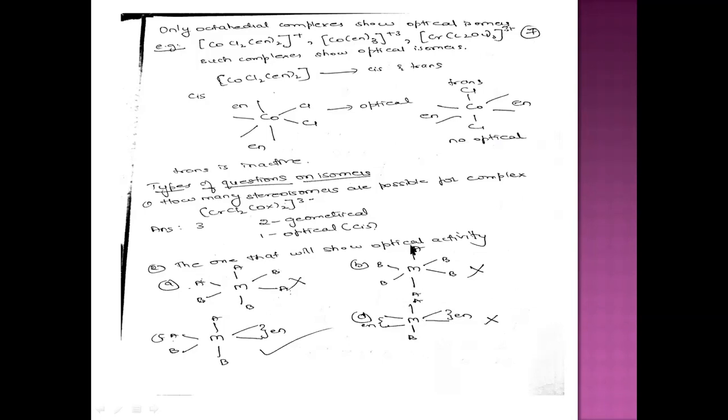When you cut along this and join the two halves, it is superimposable. The main idea for optical isomers is that they should be non-superimposable mirror images. It is superimposable, so it's not possible. Next, in this, we cut this half. These two are again superimposable mirror images. Again, this cannot be. So options B and D are ruled out.